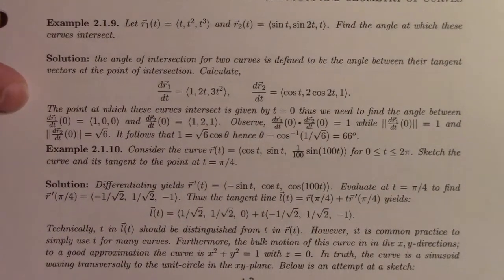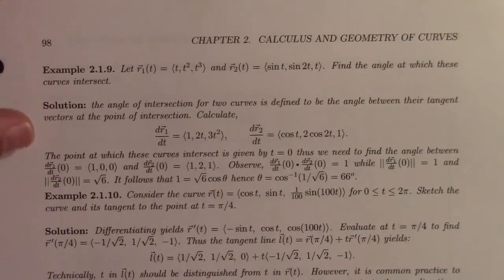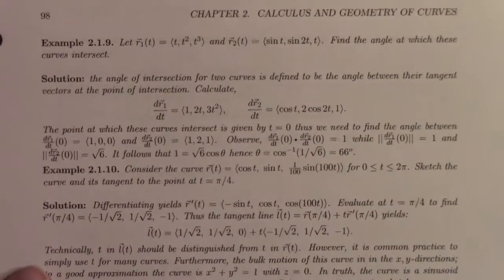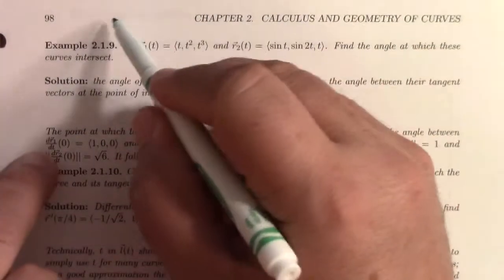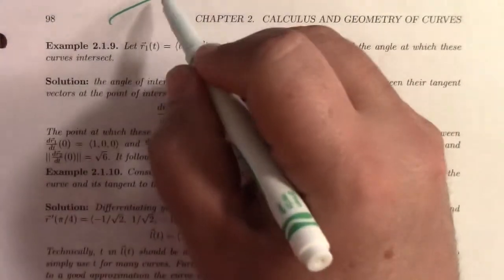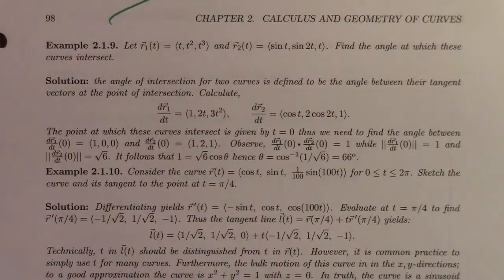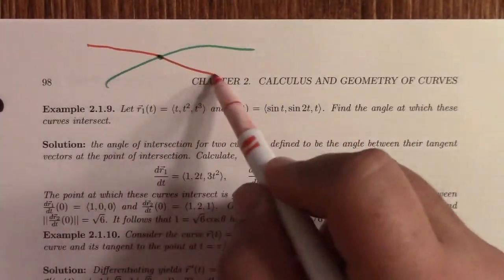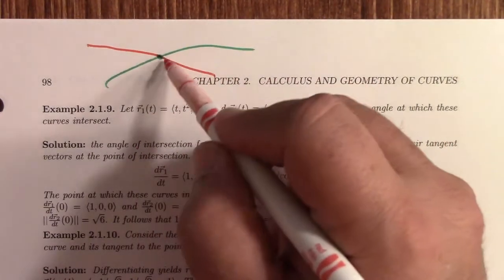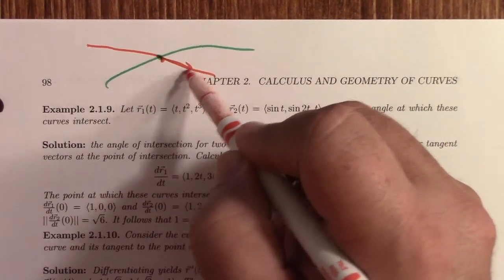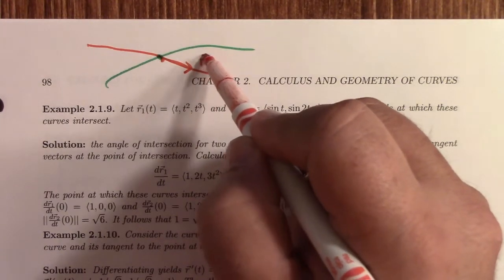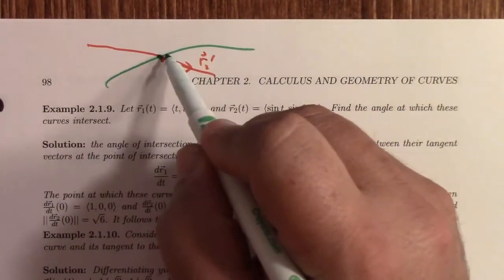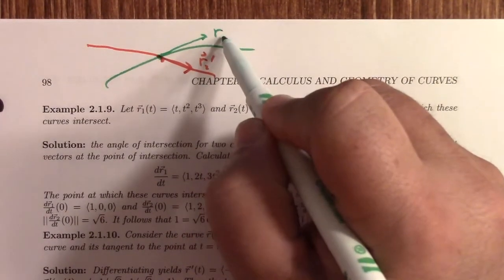Here's a question about two curves and then finding the angle at which they intersect. If you have two curves and you want to find the angle at which they intersect, here's curve 1, and here's the point where I'm going to make them intersect. Here's curve 2. Each one has a velocity, R2 prime and R1 prime.